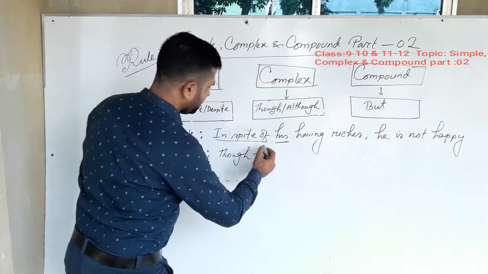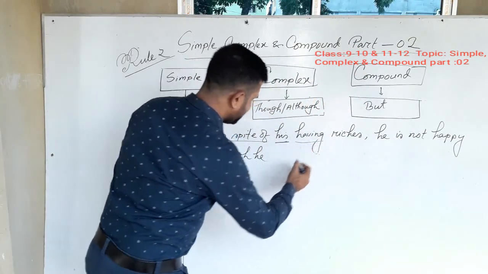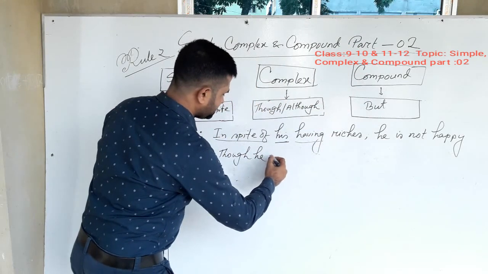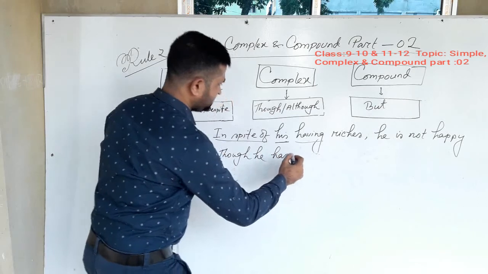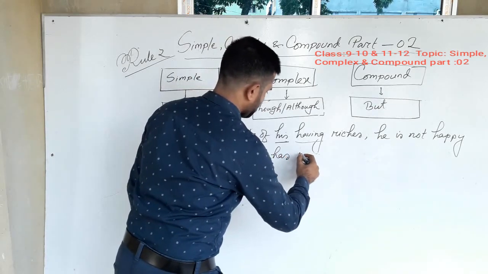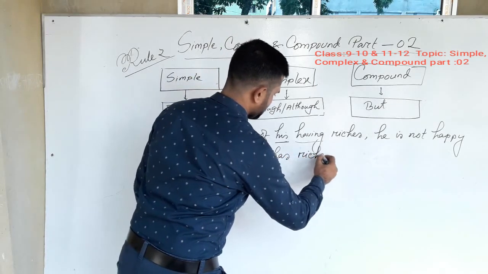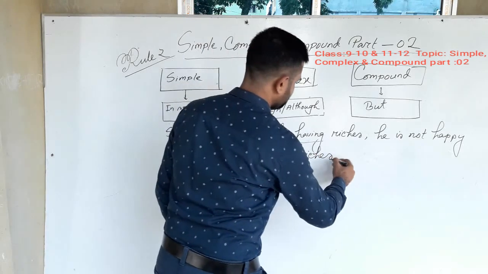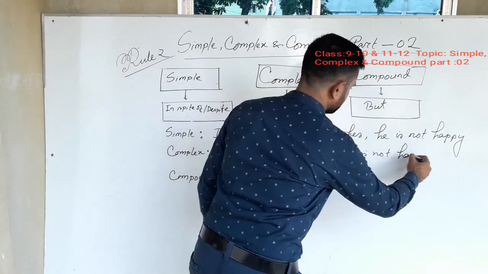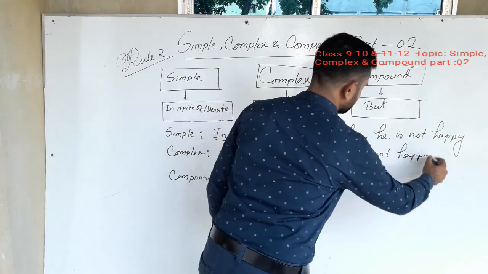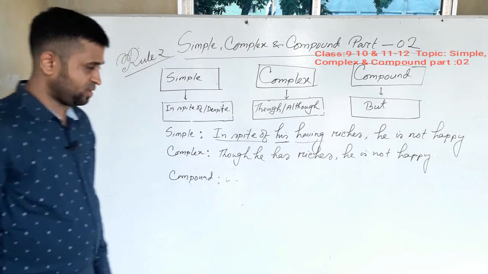That is why having will be changed. It indicates: though he has riches, he is not happy.